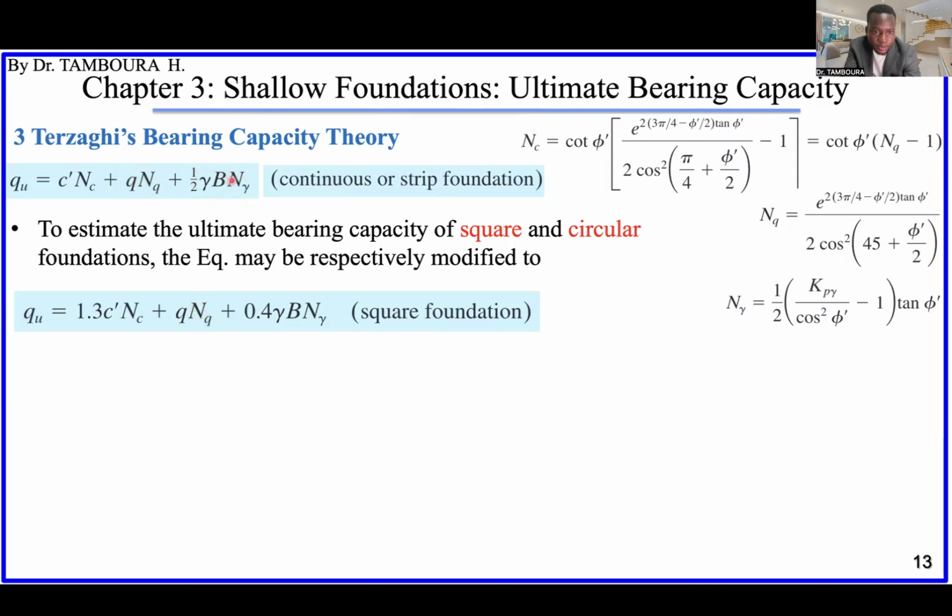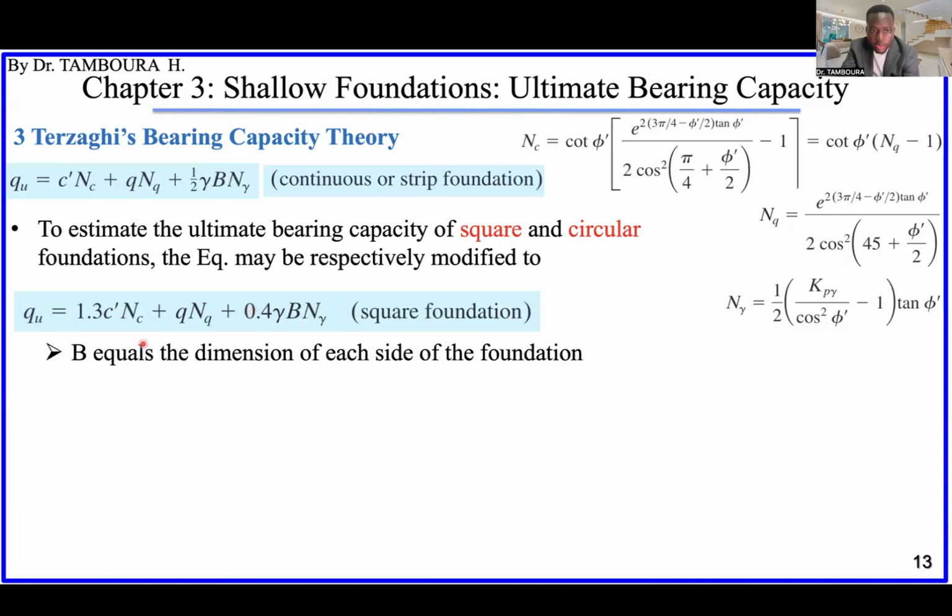And here we have another coefficient changing. Instead of 0.5, it became 0.4. 1 divided by 2 is 0.5, so here it's 0.4. The only thing that is changing is this coefficient. 1.3, 0.4.